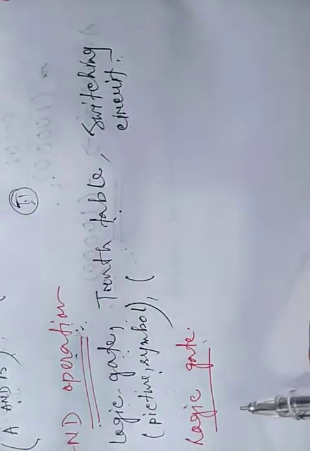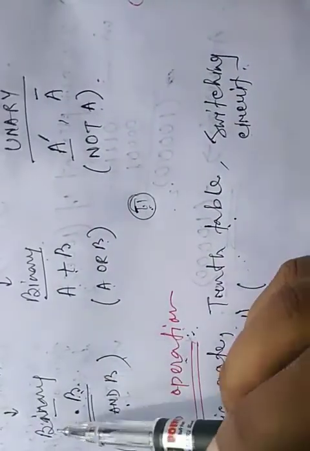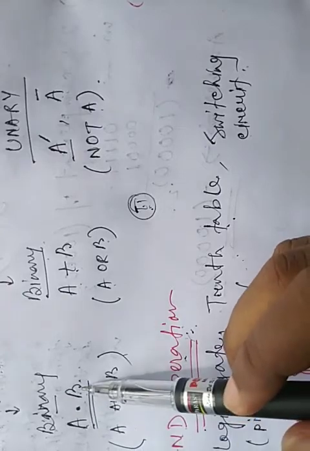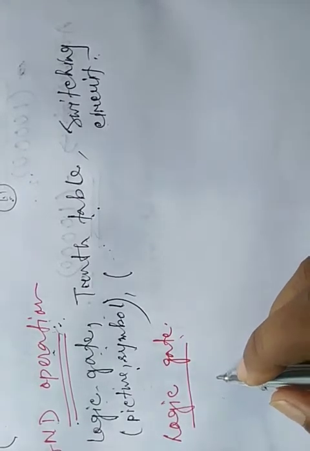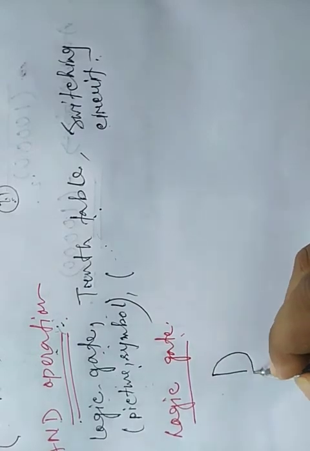Its logic gate is like this way. We have already discussed that minimum 2 variables are required for a binary operation, so we use 2 variables here. The symbol is like a D shape.